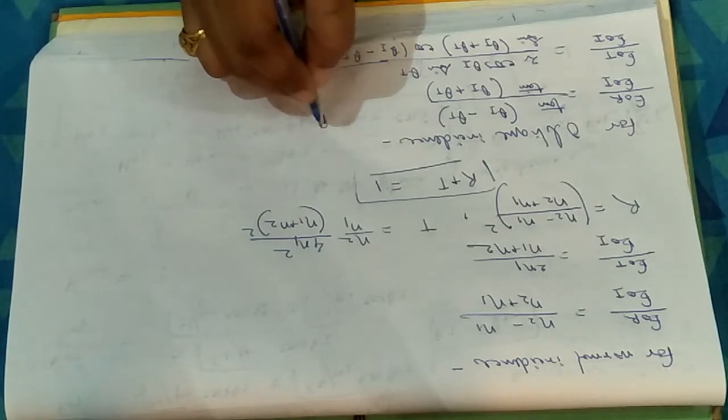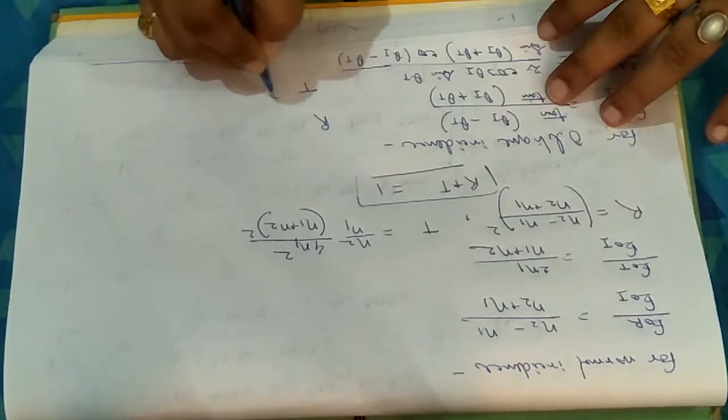And from that you can calculate the value of R, you can calculate the value of T for oblique incidences.